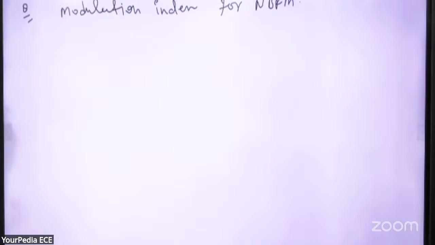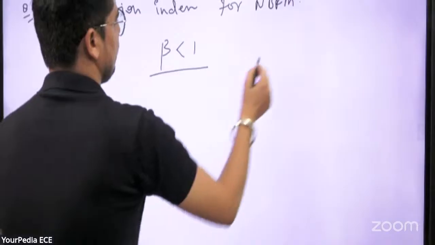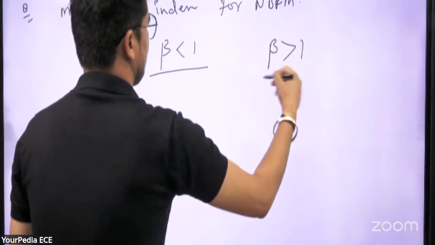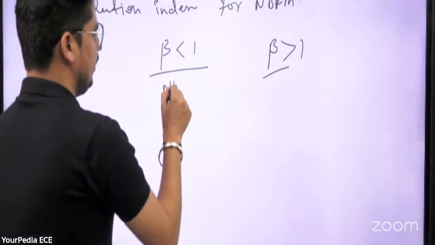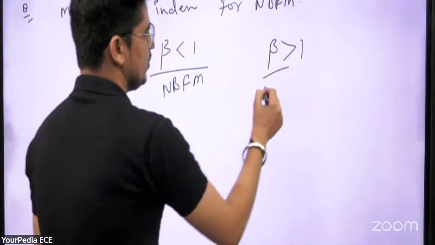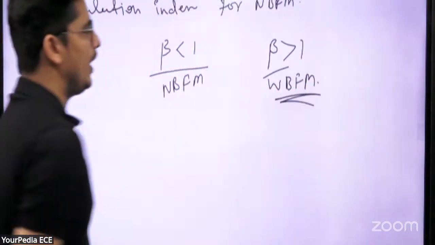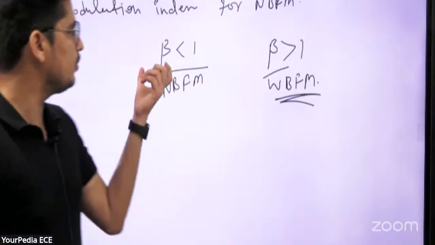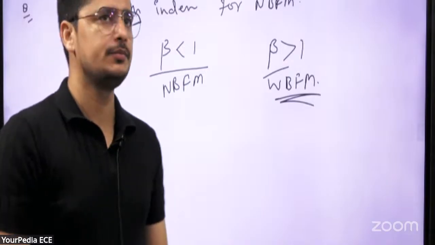Because we are dealing with narrowband FM, the modulation index beta should be less than 1. For wideband FM, the modulation index should be greater than 1. We already discussed this in the communication system: this is for narrowband FM, and this is for wideband FM. So in the options they will give you one which is less than 1, and you have to choose that option.